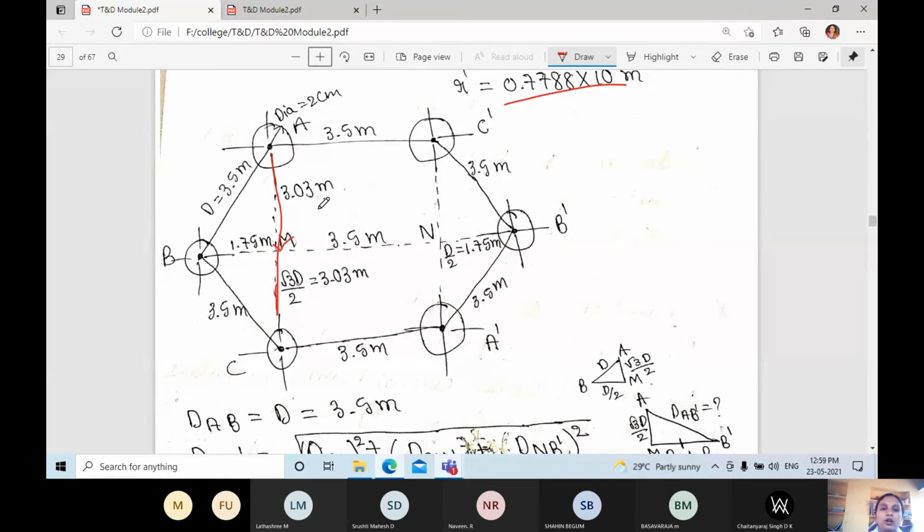You need to remember the distance between a and c. Here also d, 3.5 meter. Here square root of 3 into d divided by 2. Here d by 2, and here also d, and from a to a dash is 2d.